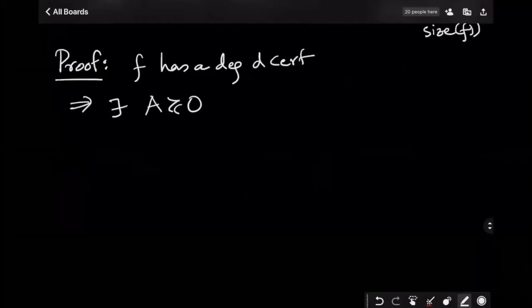From the last class, if you remember, f has a degree D certificate. This claim implies that there exists some positive semi-definite matrix A such that f(x) equals the quadratic form on this monomial tensor.